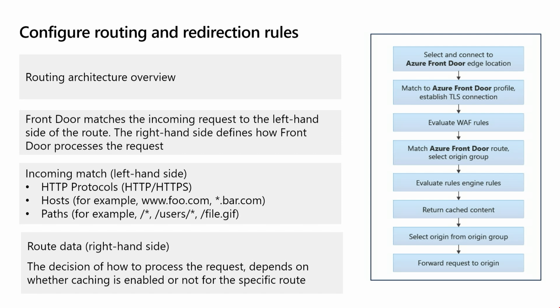Once this is done, we analyze to see if there is any threats if you have WAF enabled, match the route based on the different groupings and rules that are in place, then do a quick check to see if any CDN content applies. So if there is a static image, a static page, or maybe even a database entry that is cached that we can return, we will return that to them.